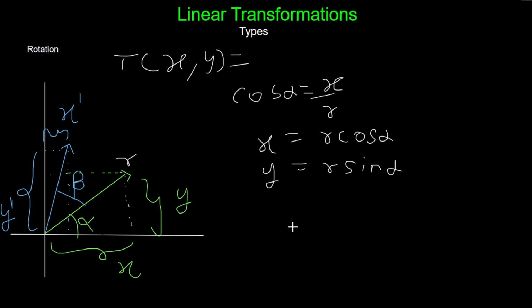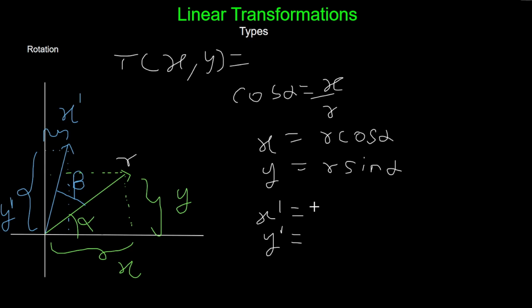Similarly, for this x dash and y dash, we can apply the same trigonometric formula in this triangle. In this triangle, the total angle is alpha plus beta. So by using the cos formula, what will we have?